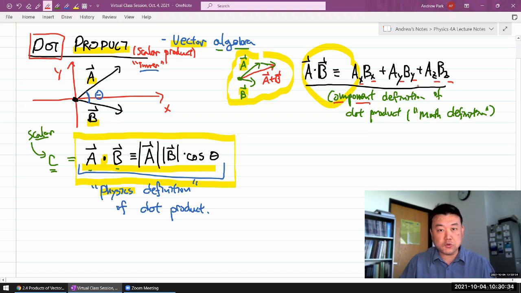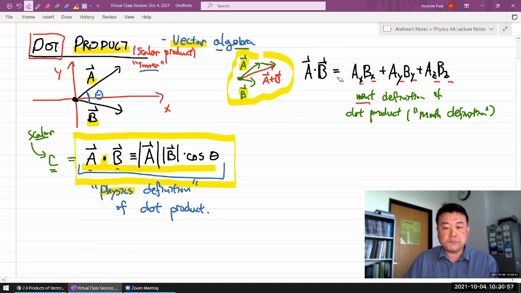Now, it might be that you could choose any axis without loss of generality, as in having chosen this axis doesn't actually affect the dot product. But this definition doesn't really make it clear that that is indeed the case. So in terms of how we define the product, we prefer to define it this way.